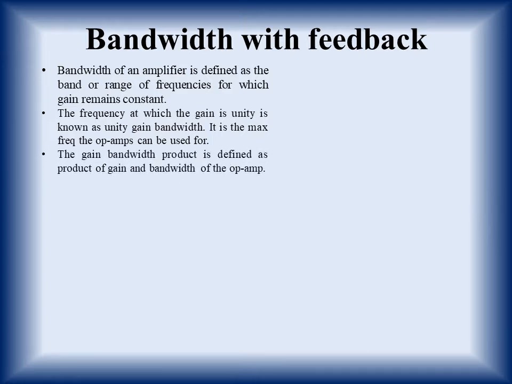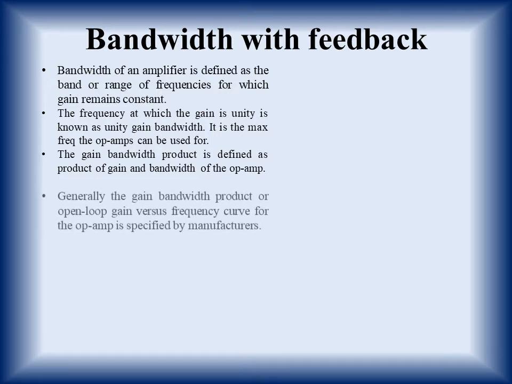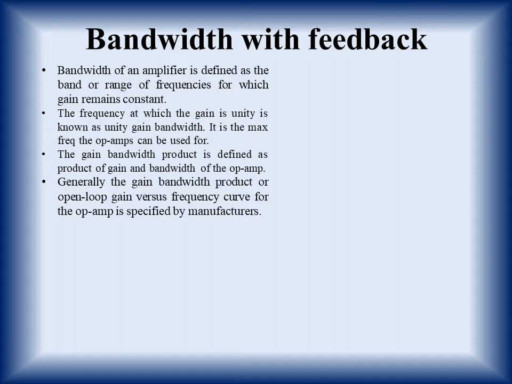Next definition is the gain bandwidth product. It is defined simply as the product of gain and bandwidth of the op-amp. Why are we discussing all this? Generally, the gain bandwidth product or the open loop gain versus frequency curve for the op-amp is specified by manufacturers.